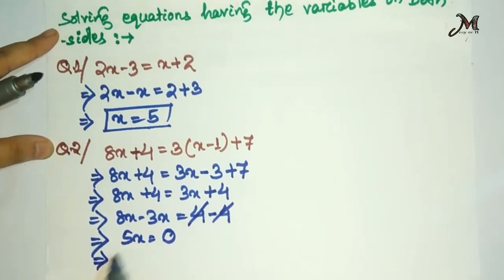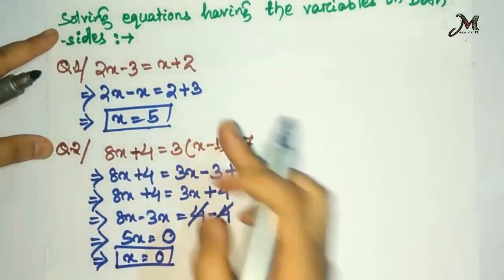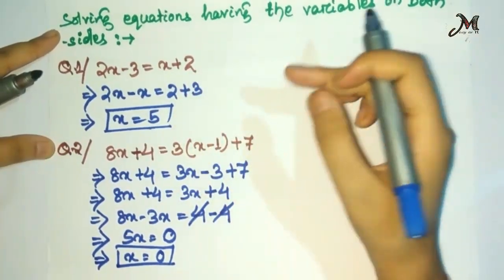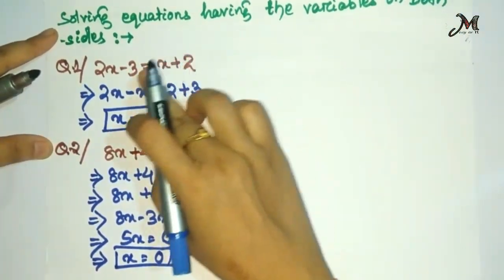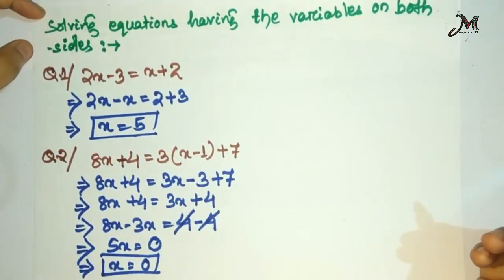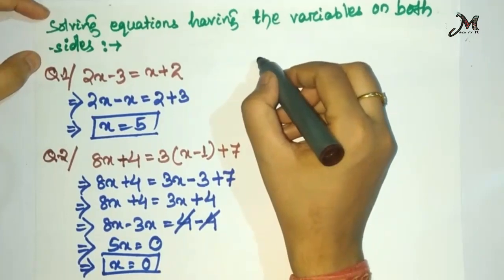Okay, so 5x is equal to 0, that means we can write x is also equal to 0. That is the final answer. Clear? So in this way we can solve the equations when we have variables on both the sides. Clear? Now we'll take another example.